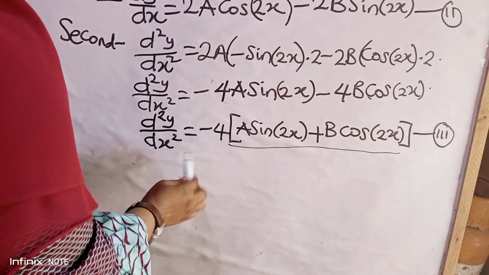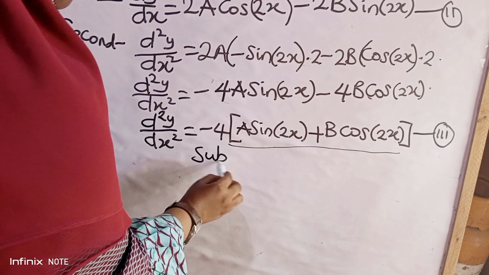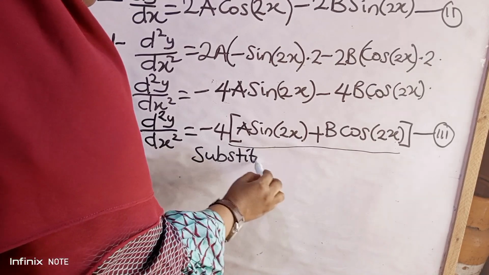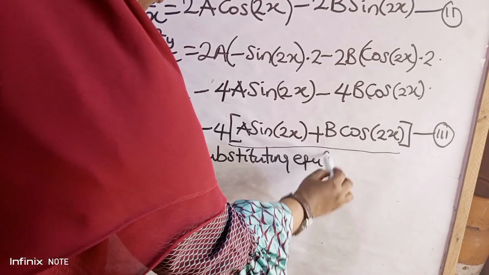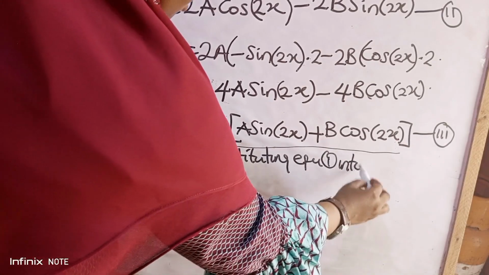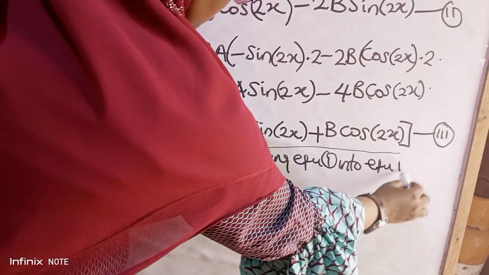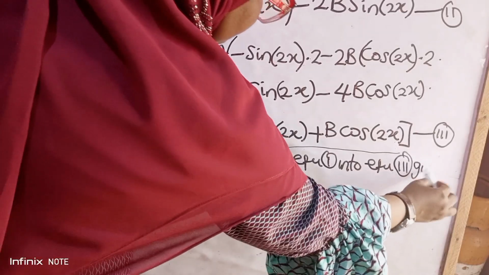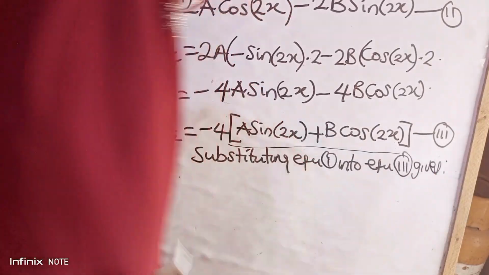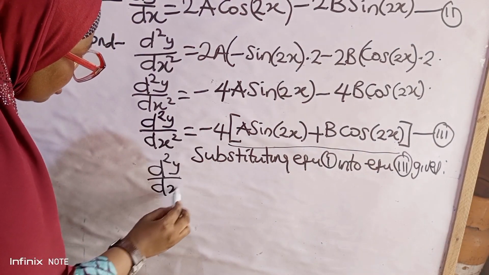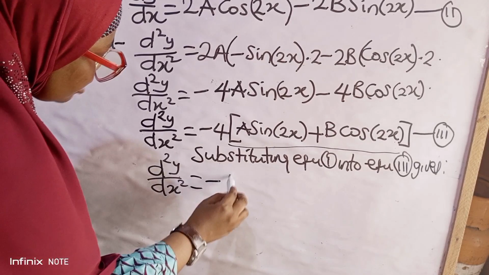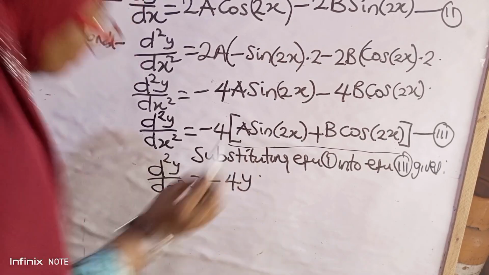So now substituting equation 1 into equation 3 gives the following. d squared y/dx squared equals -4y.